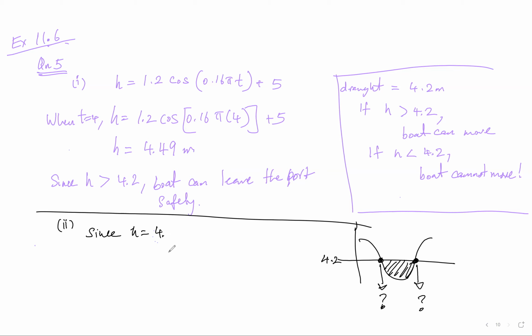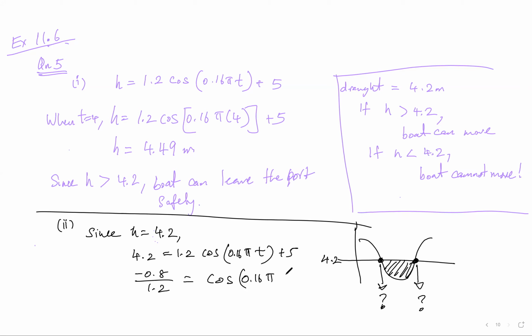So 4.2 equal 1.2 cosine 1.6 pi t plus 5. Bring the 5 over, and then divide by 1.2. You get this. I think I left a 0 here. Sorry, there's a mistake. 0.16 pi t.